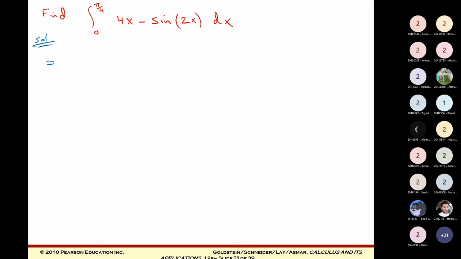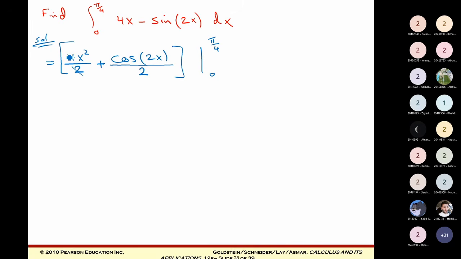This is equal to 4x square over 2 minus the integral of sine, which is negative cosine. So we have plus cosine, and put the same angle, 2x, but divide over the coefficient of x like this. Don't forget that. Now we need to substitute 0 and pi over 4.